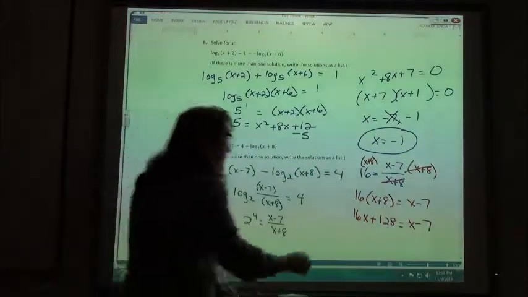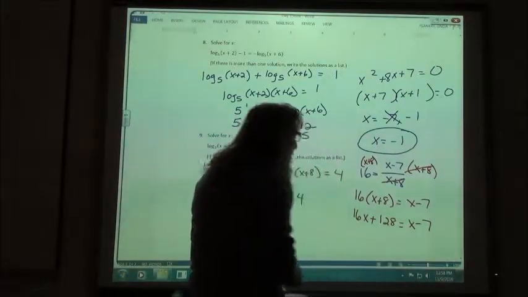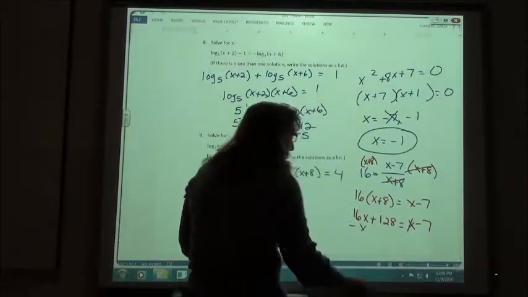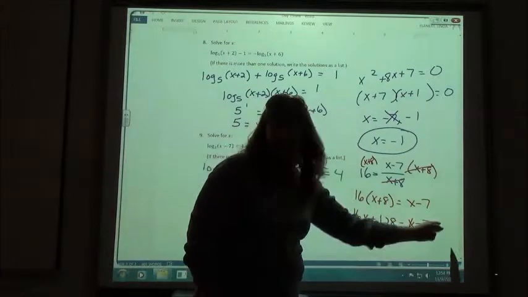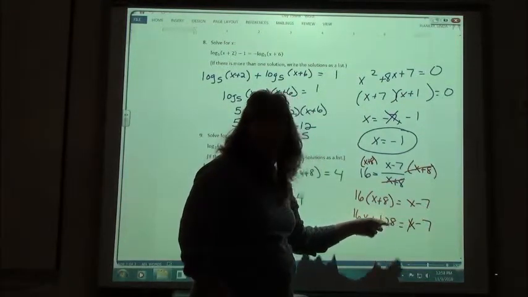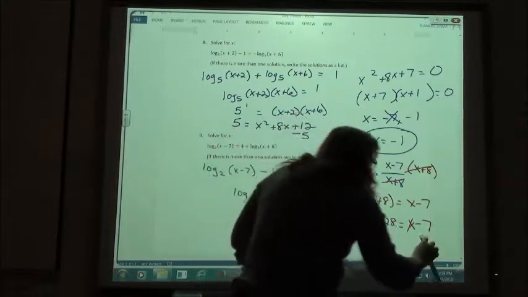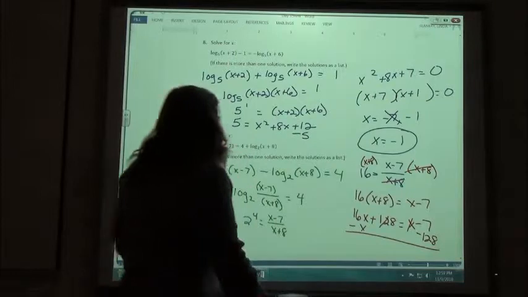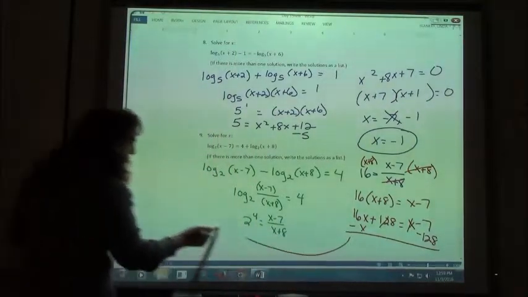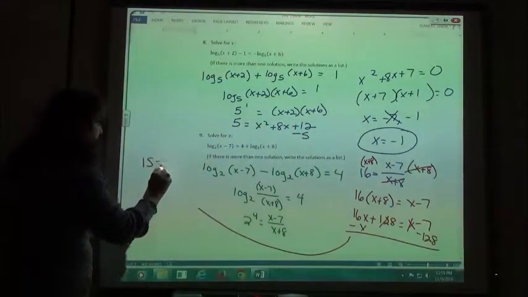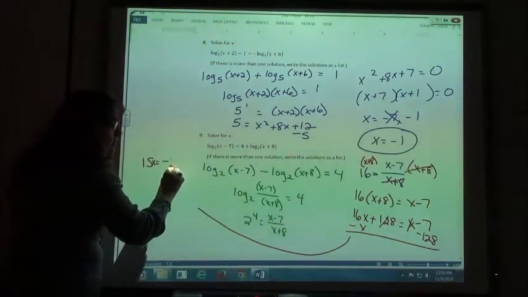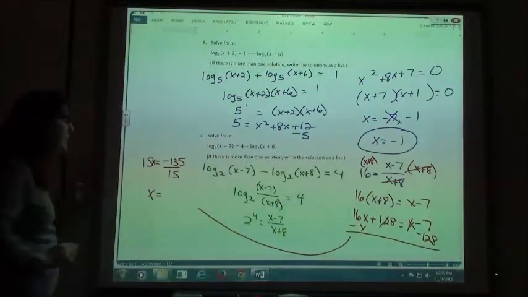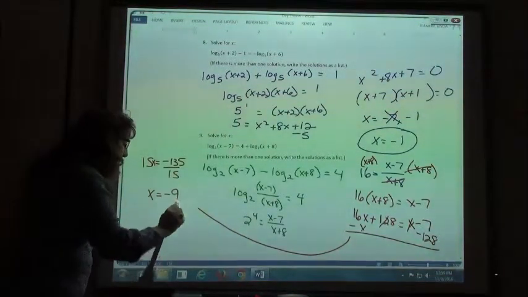Subtract the x and subtract the 128, because we don't want to move the 7 over here or we'd have nothing left there. So then we got 15x equals negative 135. And when we divided by 15, x equaled negative 9.